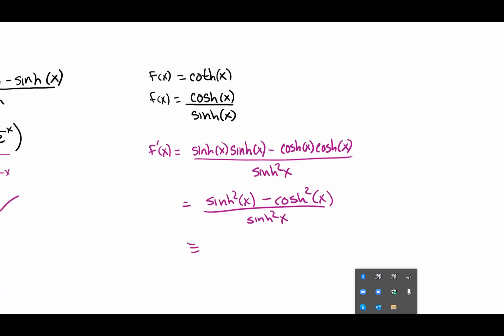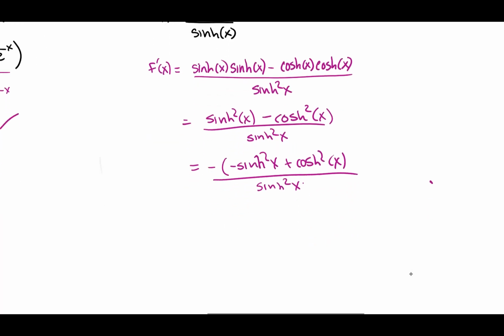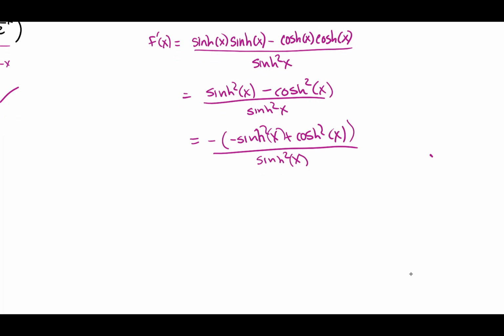We're going to get negative, sine hyperbolic squared of x plus cosine squared of x, all over sine hyperbolic squared of x. If we just turn this around, we end up with cosine hyperbolic squared of x minus sine hyperbolic squared of x all over sine hyperbolic squared of x.